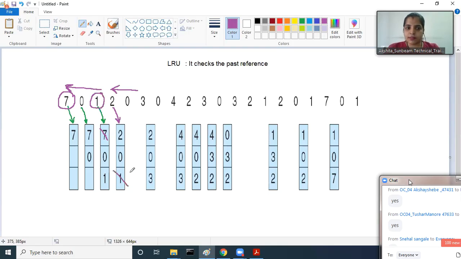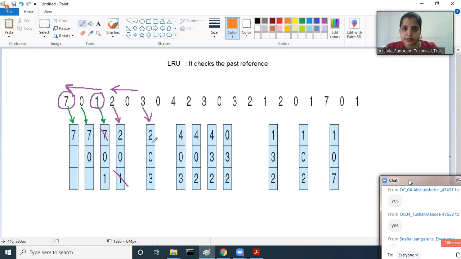So 1 will get replaced with 3. Did you understand? In the past, whatever is the current scenario of my page frame, the one which has been least recently used will be the victim page.